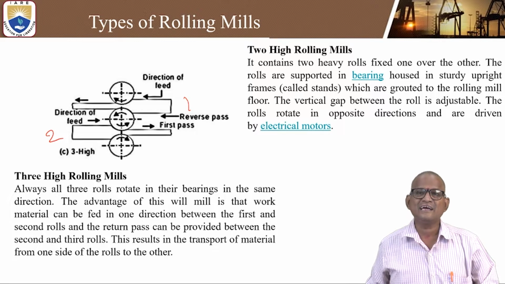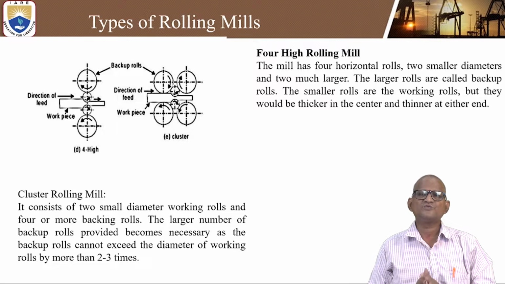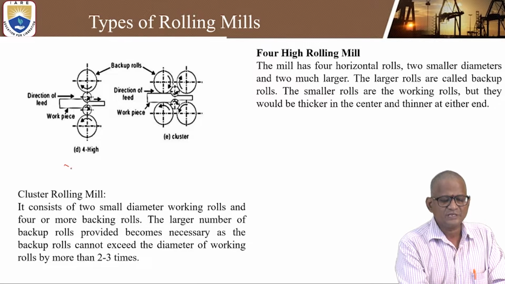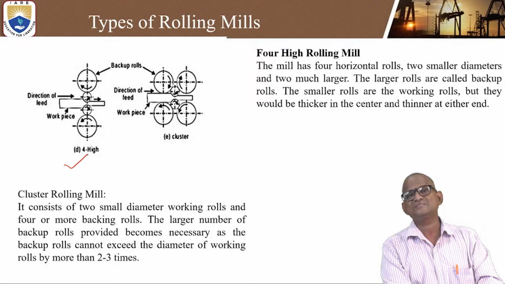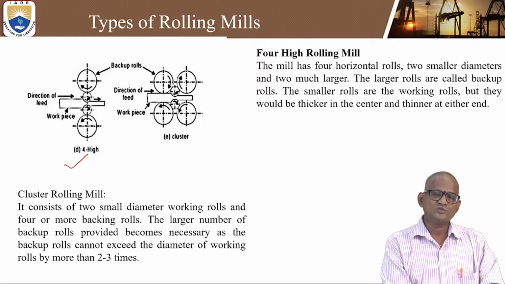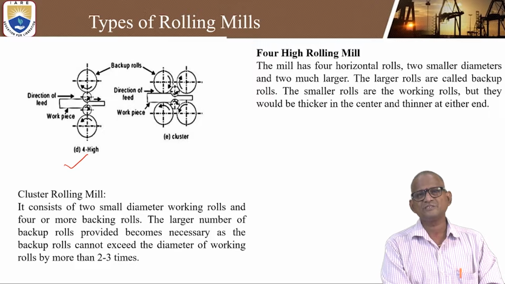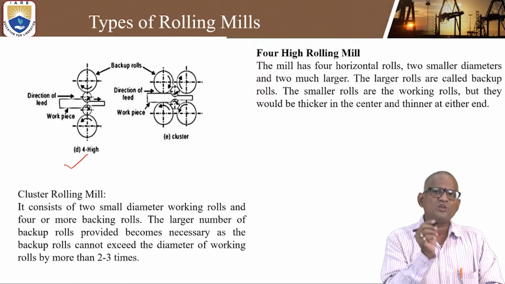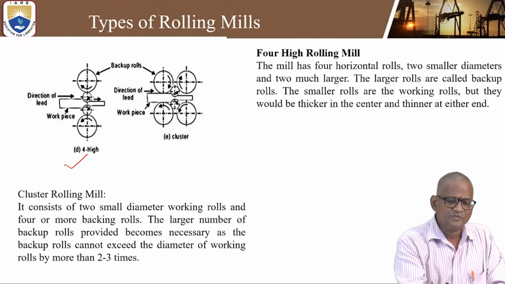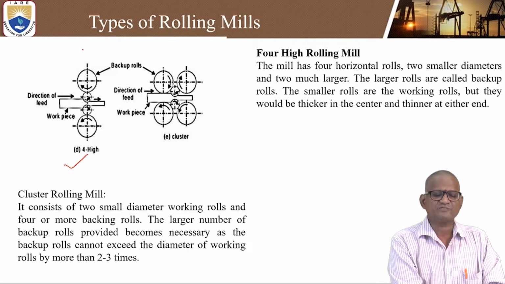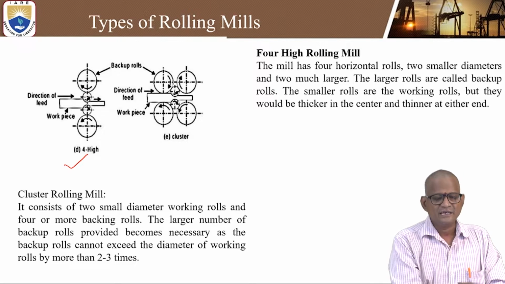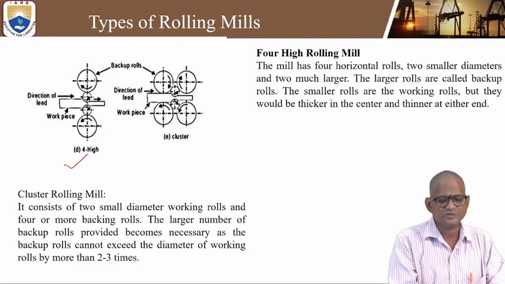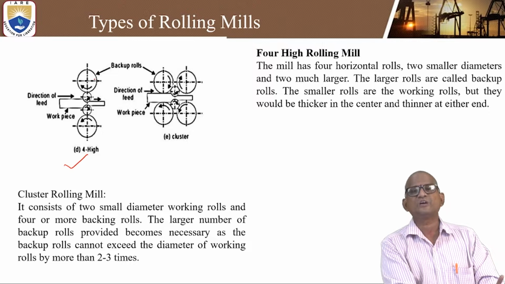Now let us see another important one, the 4 high rolling mills. Look at this, the 4 high rolling mills diagram. The only difference between the 2 high rolling mill and the 4 high rolling mill is that in the 4 high rolling mills there will be small rollers kept in between first, and above those, some backup rollers will be added. So in general, if you neglect these backup rolls, it comes under the 2 high roll mill.